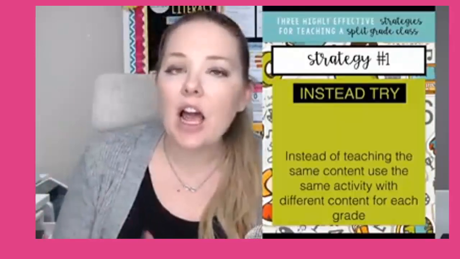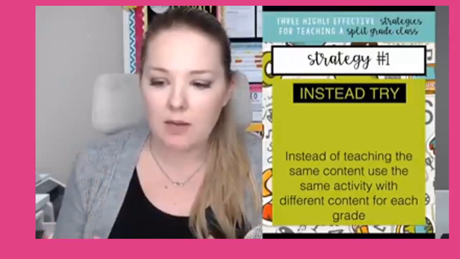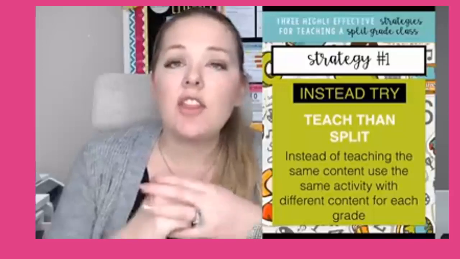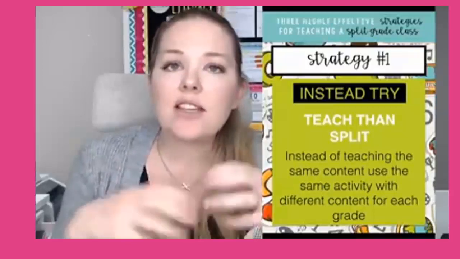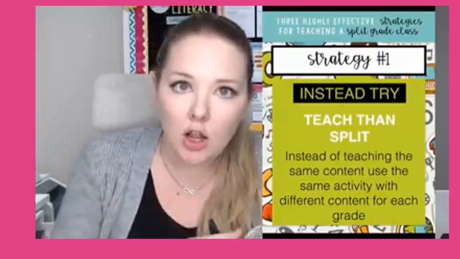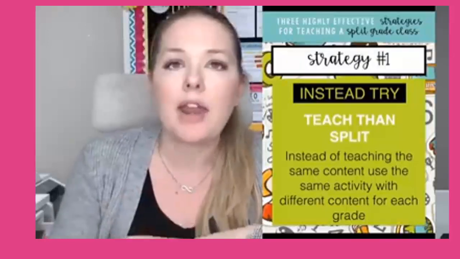So instead of teaching all of the content to the same students at the same time, you can instead try using a teach then split method. Now this is instead of looking at doubling up your content, so teach all of your students, say, habitats, and then all of your students human body.